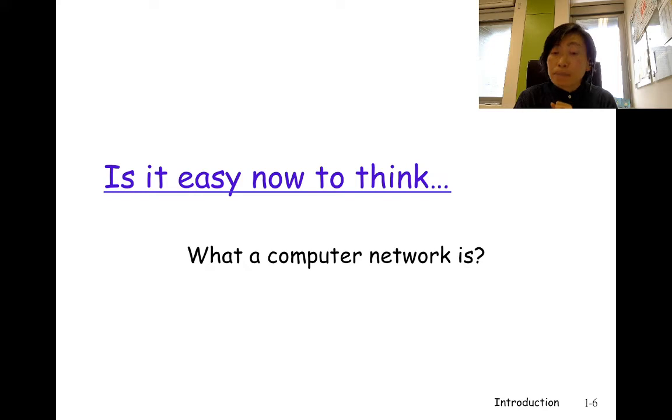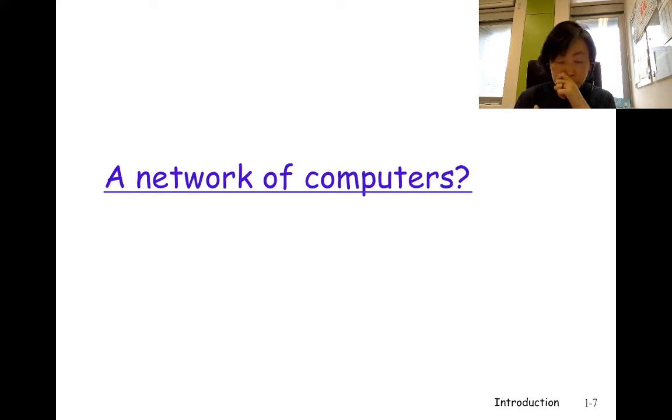Yeah, but you know what? A network of computers could be the right thing to describe what a computer network is. But there's some subtle difference in the context of this course.